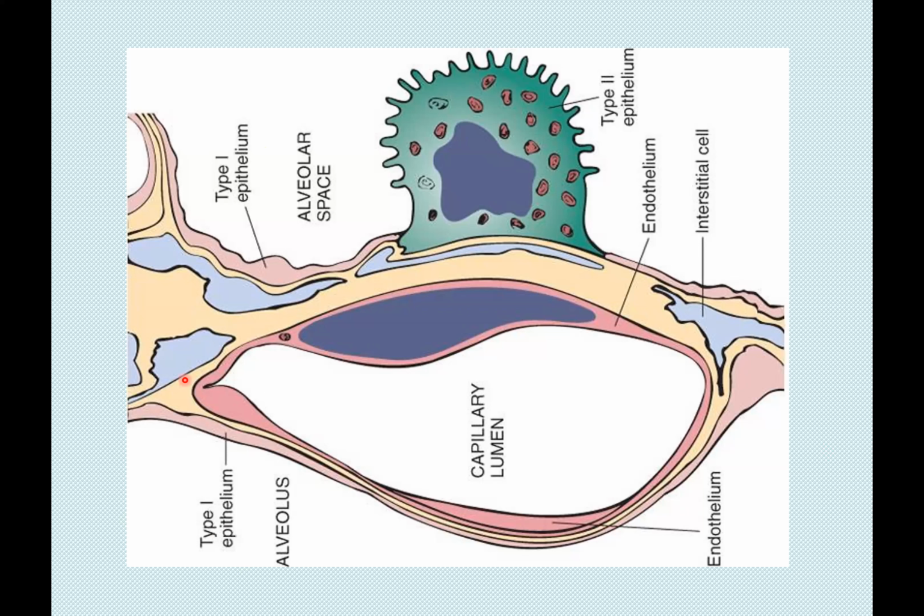That yellow part will surround the blood capillary, so it also forms part of the blood-air barrier. Whatever bacteria is in here and is able to evade, or vice versa, the surfactant is able to do justice to it.